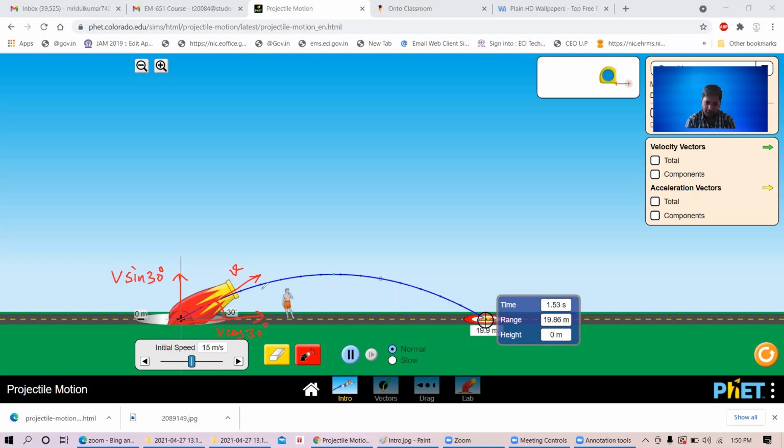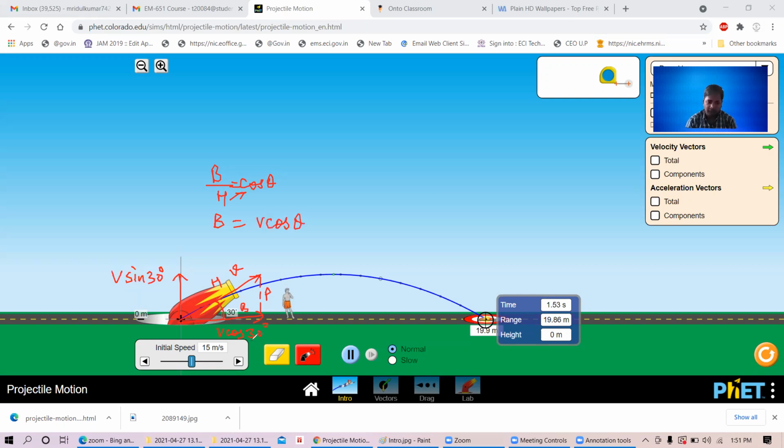How is it obtained? Using triangle trigonometry. If this is the perpendicular, this is the base, and this is the hypotenuse, then base upon hypotenuse is cos theta. If the hypotenuse is equal to v, then the base is v times cos theta, that is v cos theta.